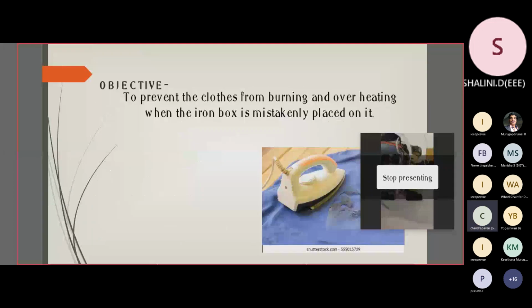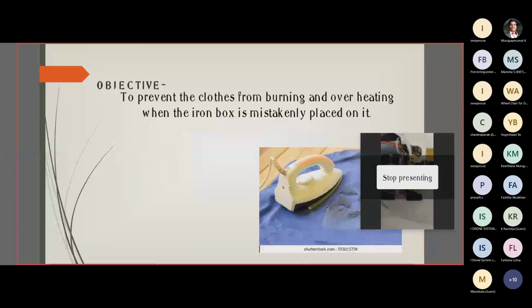Objective of our project is to prevent the cloths from burning and overheating when the ironbox is mistakenly placed on. Now I will hand over the session to my teammate Amritashri.